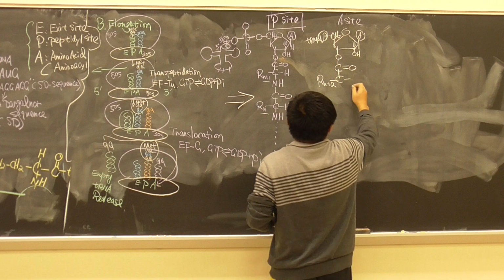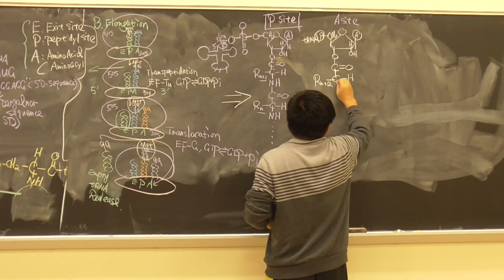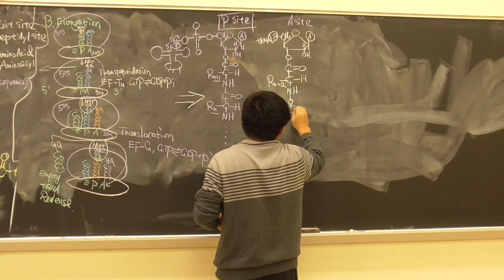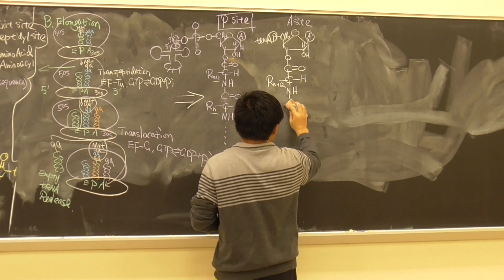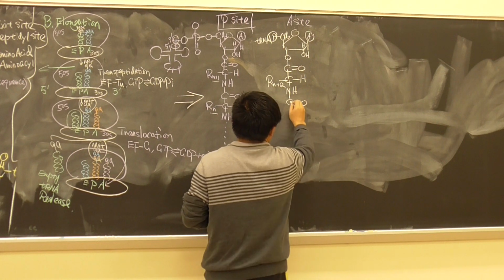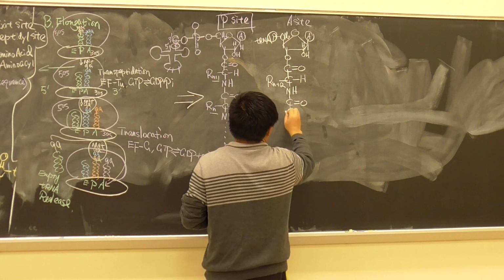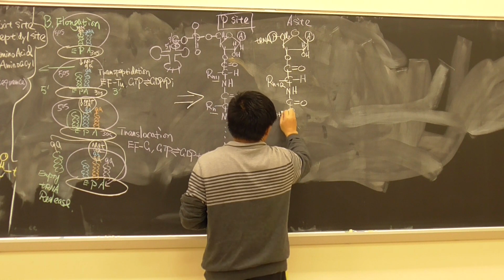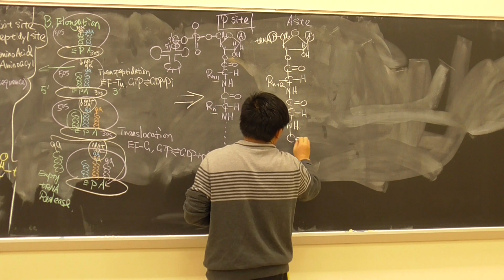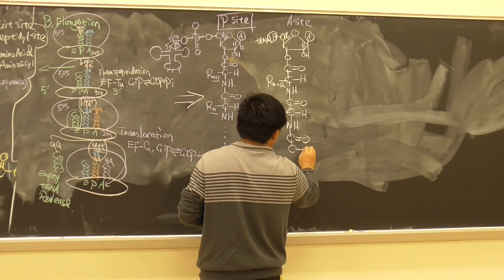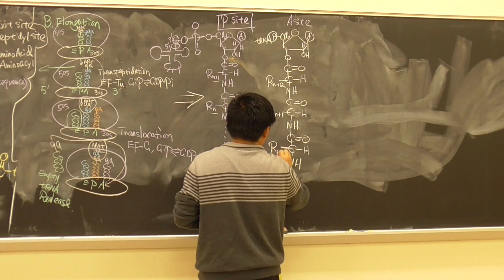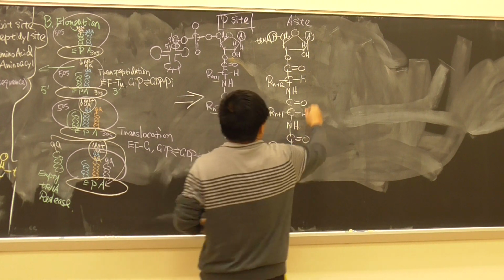Then go H, NH, go to O, C, go to C, O, goes here, C, O, N1, H, NH, and goes here, carboxy base, C, H, NH, and this is RN. So they are going this way.